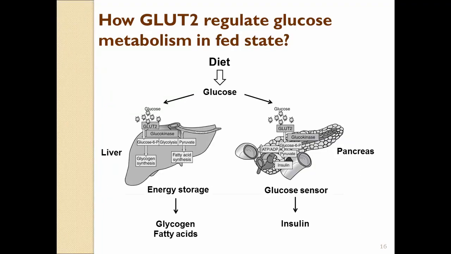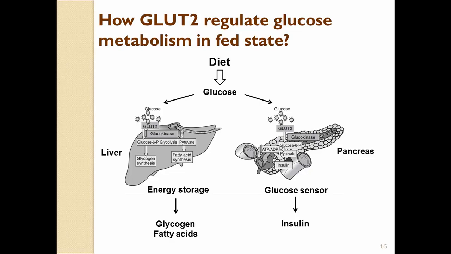Okay, so let's look at how group 2 regulates glucose metabolism in the fed condition. In the fed condition, group 2 is mainly expressed in the liver and the pancreas beta cell, right? When we eat food and raise the blood glucose level, glucose can be taken up by group 2 into the liver and also the pancreas.